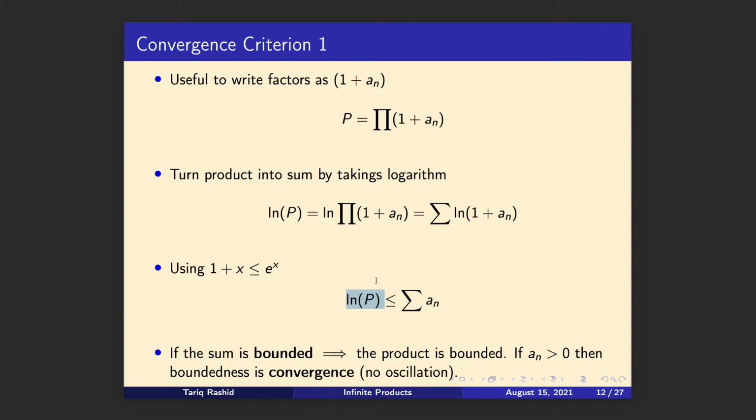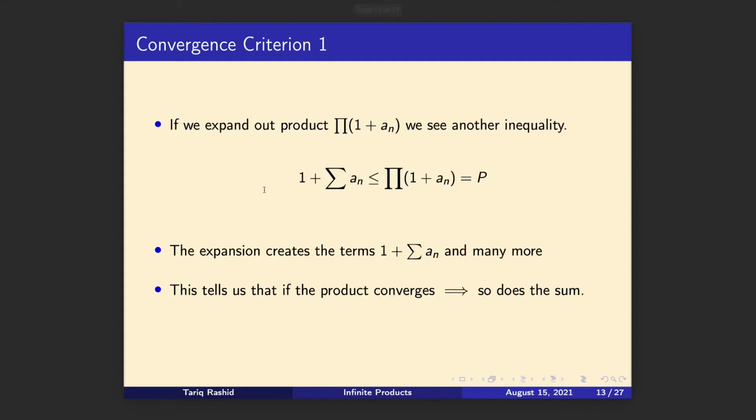If we could have a result that went the other way, that said if p is convergent, then the sum here is convergent, then we'd have a really nice kind of result. Let's see if we can do that. So if we think about this product and expand it out, we know that we'll have 1 plus combinations of various terms. Let's write it out with pen and paper.